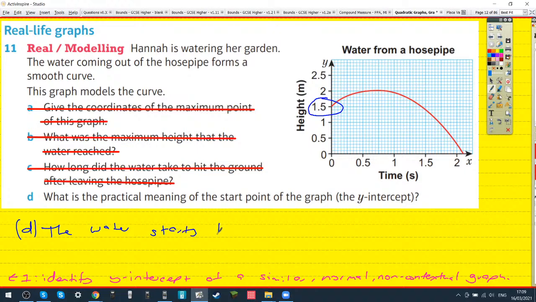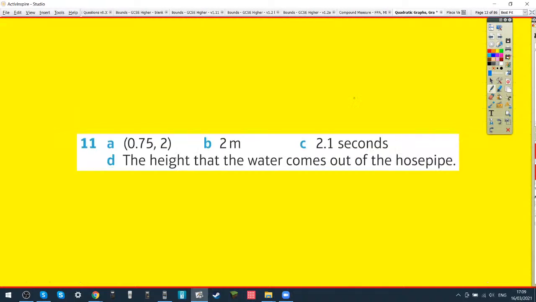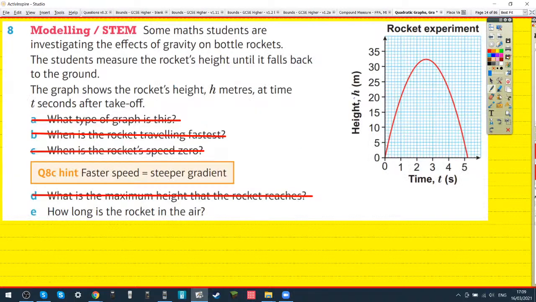Let's say starts 1.5 meters above the ground. So this is the water that's coming out of the hose, and you have to say where it's starting from. It is the y-intercept, the height that the water comes out of the hose pipe.